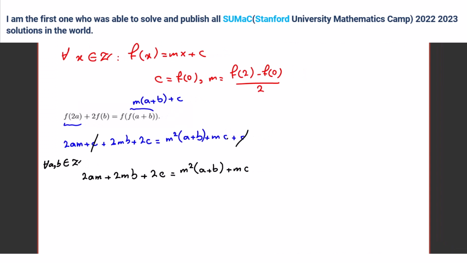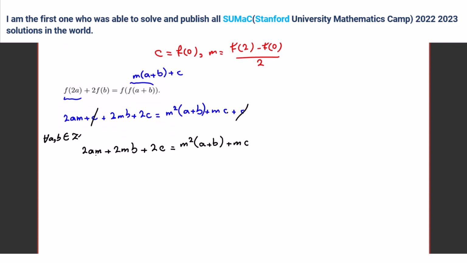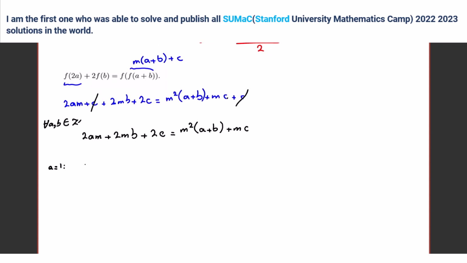Okay, so let me tell you. Suppose, for example, a is 1. Then 2m plus 2mb plus 2c is equal to m squared b plus 1 plus mc, right? Do you agree it is a polynomial in terms of b, where m and c are constant?